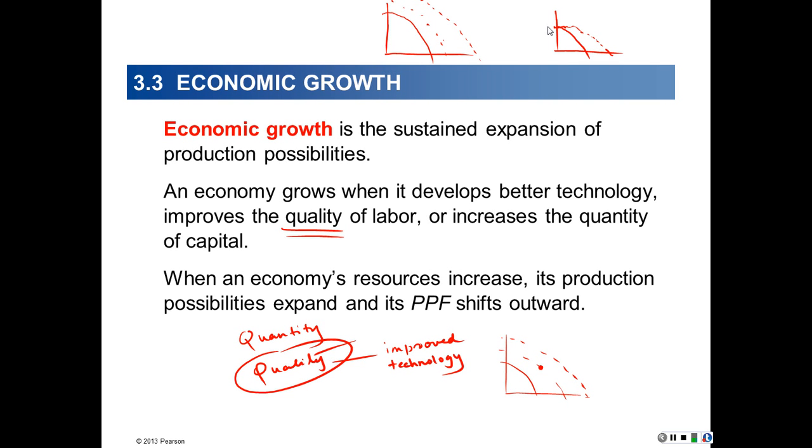All the improvements may come in the area of cell phones. That too is economic growth. Correct? So we could have some type of technology, let's say, that only improves our capability of producing phones, not DVDs. But that too is growth. So you could have a kind of a swivel of the PPF rightwards.